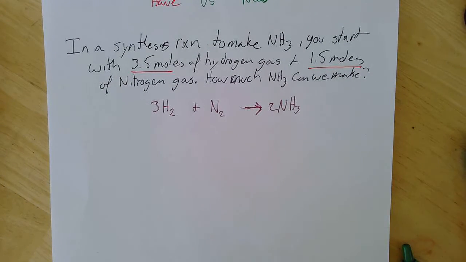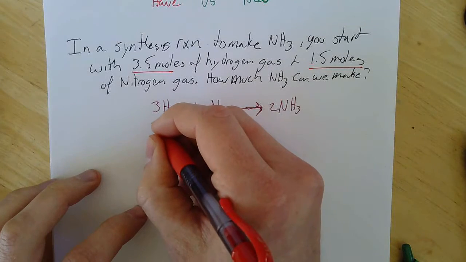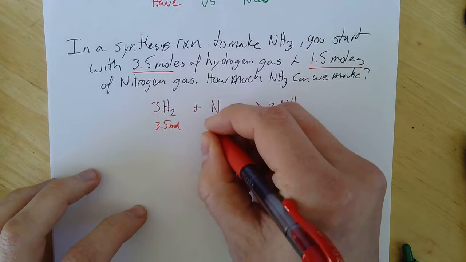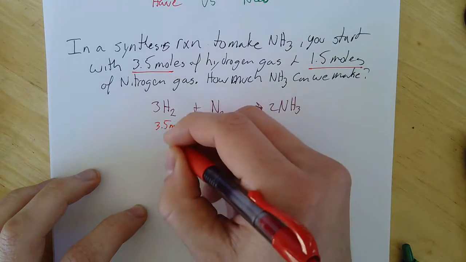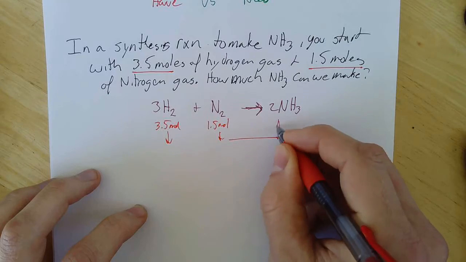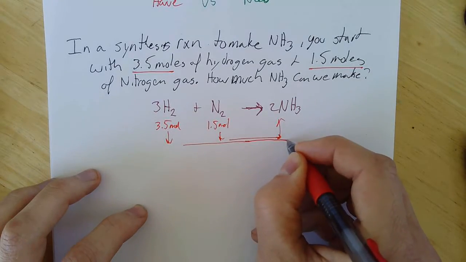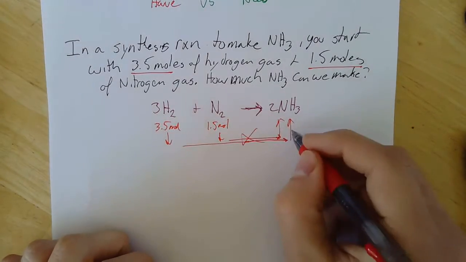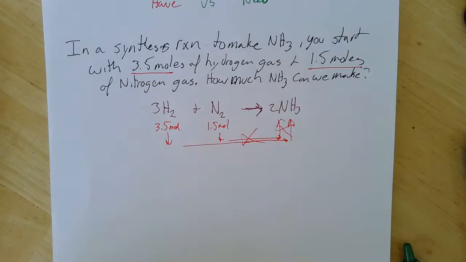Last week we would have just said, I have 3.5 moles of that and 1.5 moles of that, and I would have written some arrows and gone over here. But this is too many arrows. I got to figure out which one of those is going to run out first. I don't want to do all of this. So that's what we're going to do.